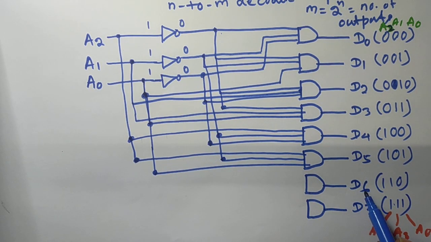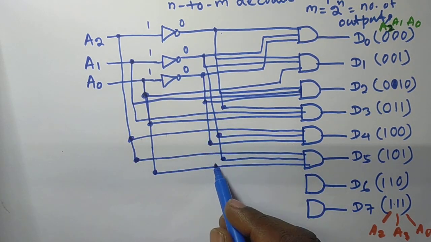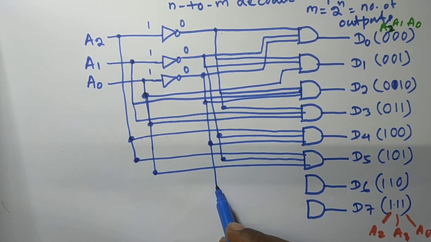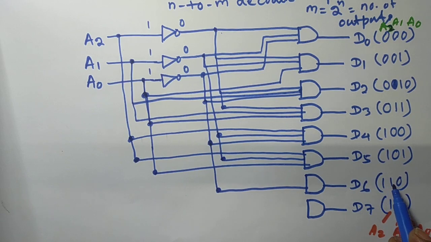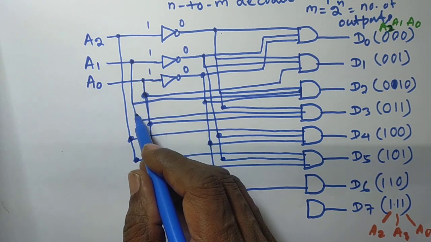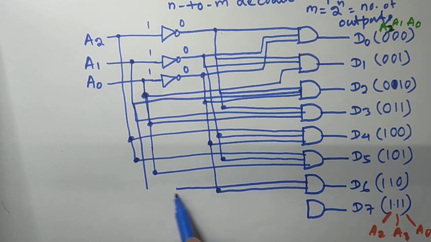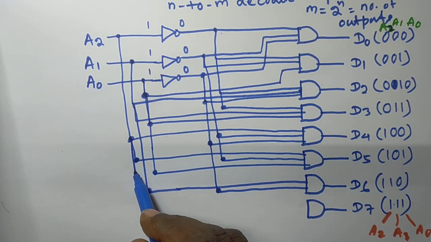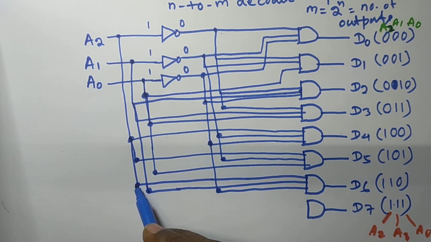Similarly, D6 is 110. A0 is 0, so the connection will be like this. A1 and A2 are 1 1, so A2 and A1 both are coming. We can write it in this manner: here A1 and here A2.